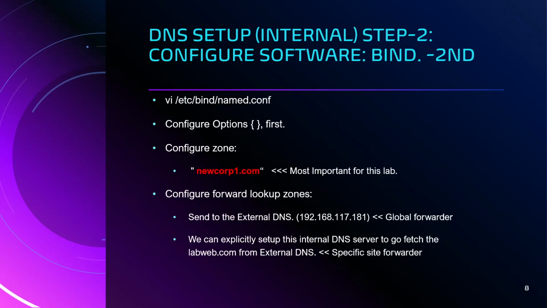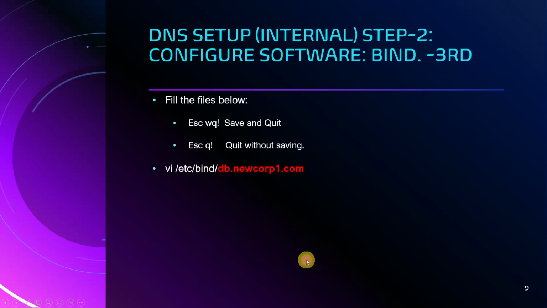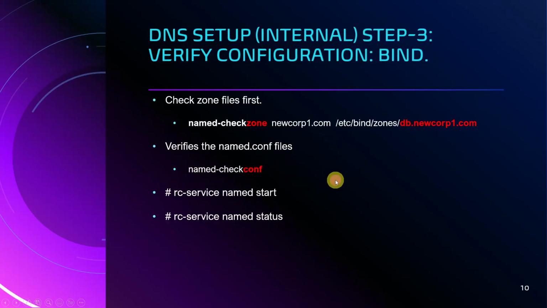Anything else which we don't know, we'll send to the external DNS, which is .181, this one. And labweb.com we will explicitly specify, just to show the contrast, that if we want, we can forward a specific site's DNS to a specific DNS server. And we'll be just creating this file and saving it.